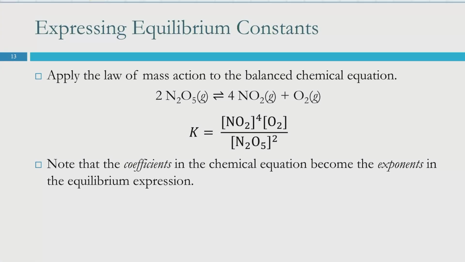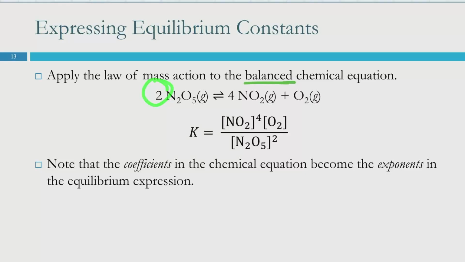Here's another example of the law of mass action. It is important, perhaps, to note that this has to be for a balanced chemical equation. It would be a little bit devious to give you an unbalanced chemical equation. But again, my general rule for chemical equations, if somebody's giving you a chemical equation and there's coefficients, it's probably balanced. It's always worth checking, I guess, if you want to.